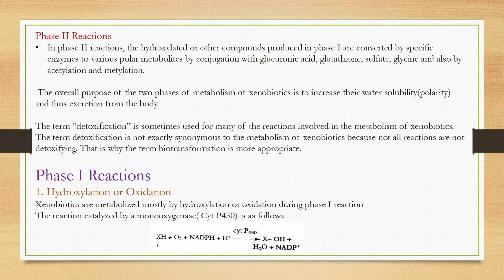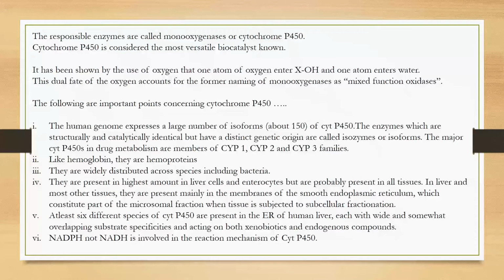In addition, endogenous compounds such as certain steroids, eicosanoids, fatty acids, and retinoids are also substrates for the cytochrome P450s. The substrates are generally lipophilic and they are rendered more hydrophilic by the hydroxylation reaction. The responsible enzymes are called monooxygenases or cytochrome P450.